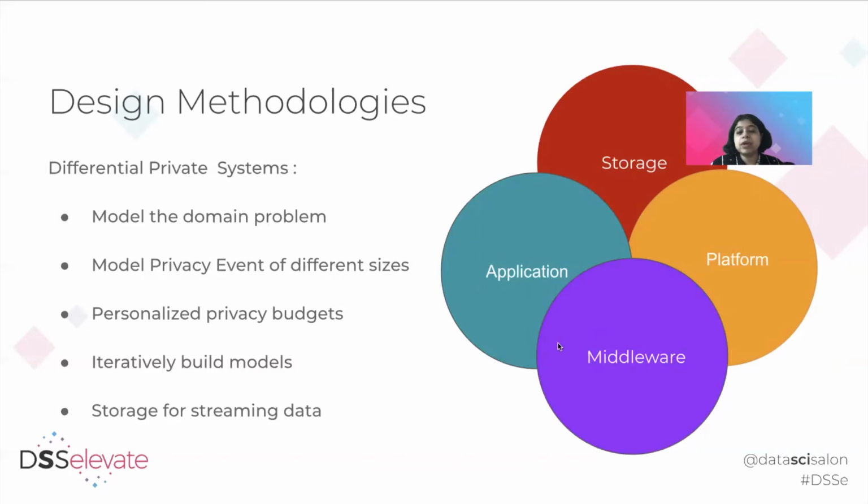Also, if there is a recommendation system in the scalable system we are building, can we have personalized privacy budgets? Based on the type of user or his profile, can we have a personalized privacy budget?